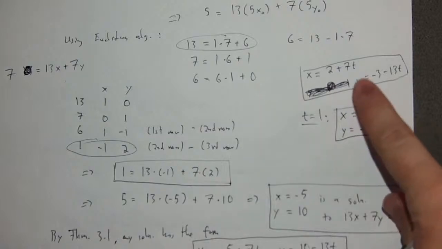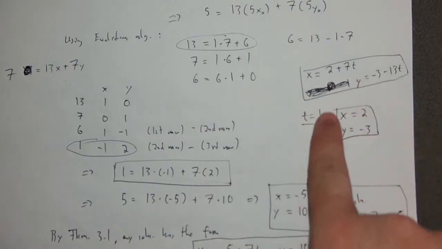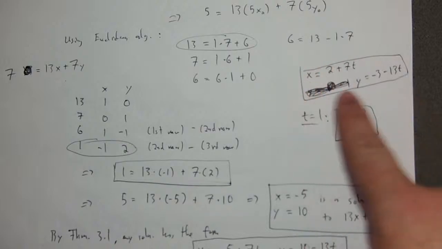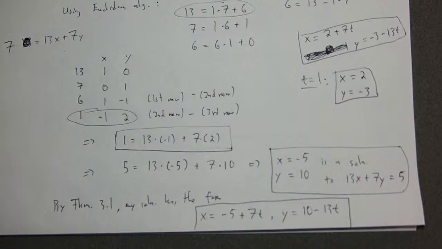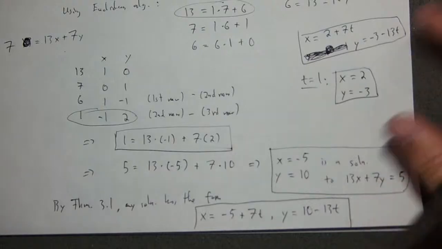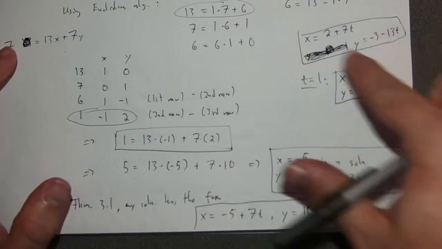it looks like the set of all solutions I've described by these equations is different from these. But of course, if you think about it for a second, you know that's not the case. You know that these actually describe the same set of solutions. It's similar to when you have parametric equations, right?